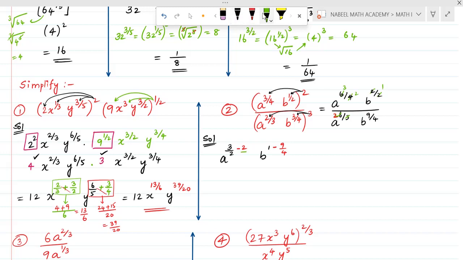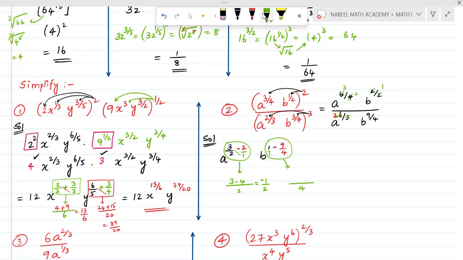This is actually over 1. So how will you simplify? This one is 2, cross multiply, you will get 3 minus 4, which is equal to minus 1 over 2. And here it is over 1. So what is this part?